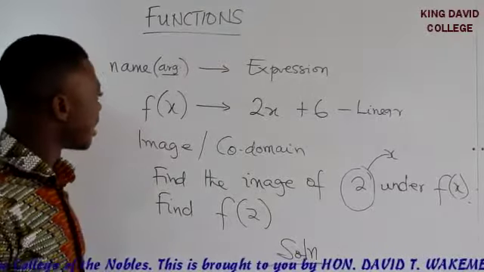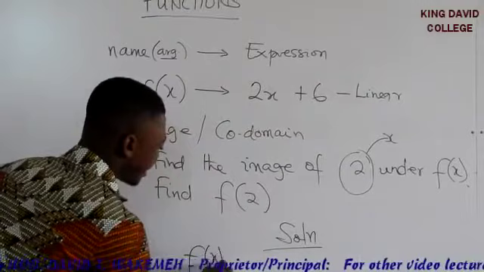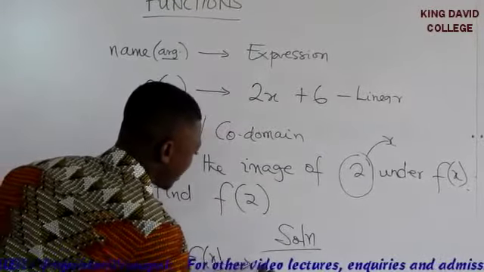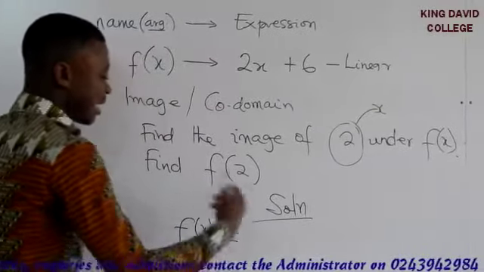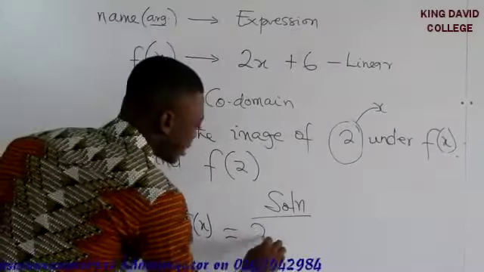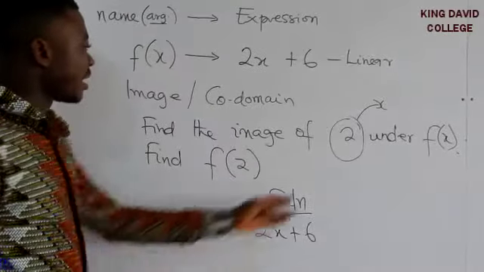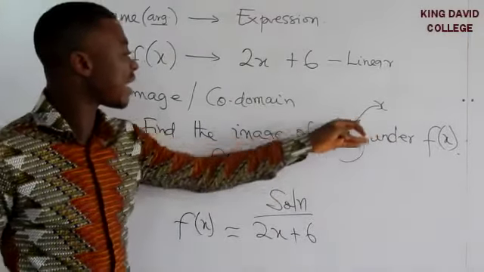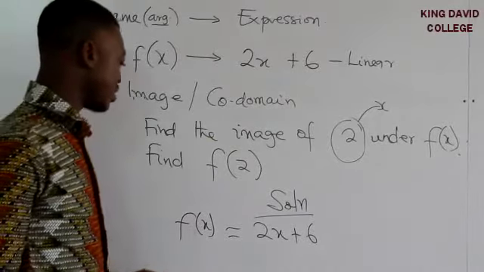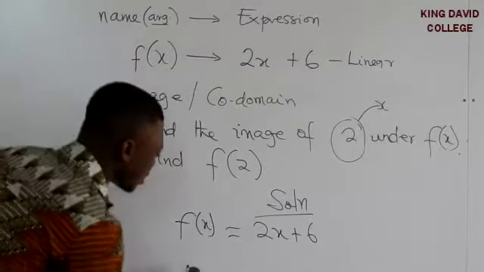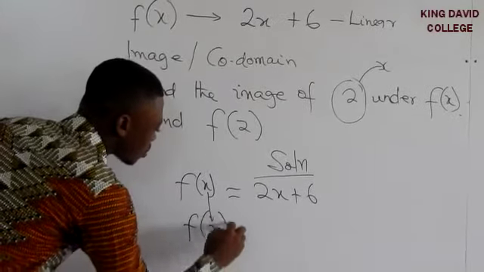So then when we call upon the function, f of x maps to, or f of x is equal to, anyhow it puts, 2x plus 6. Now we are saying that if our x is 2, what is going to be the codomain or the image?